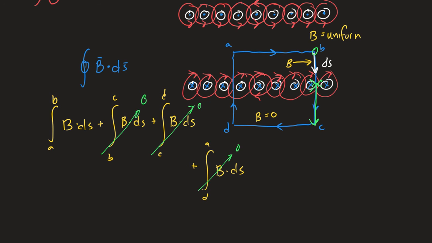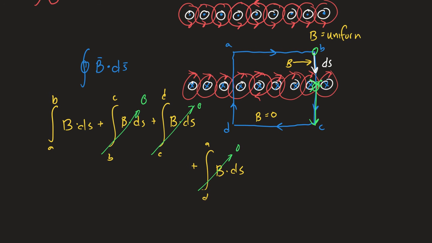And from B to the midpoint, ds and the magnetic field are at a right angle. So the cosine of that 90 degrees is 0, so the dot product eliminates that portion. Because these are all dot products.